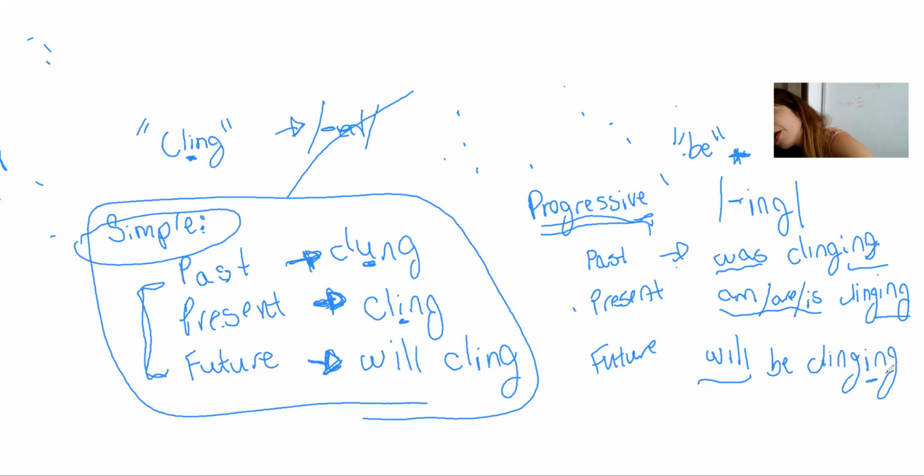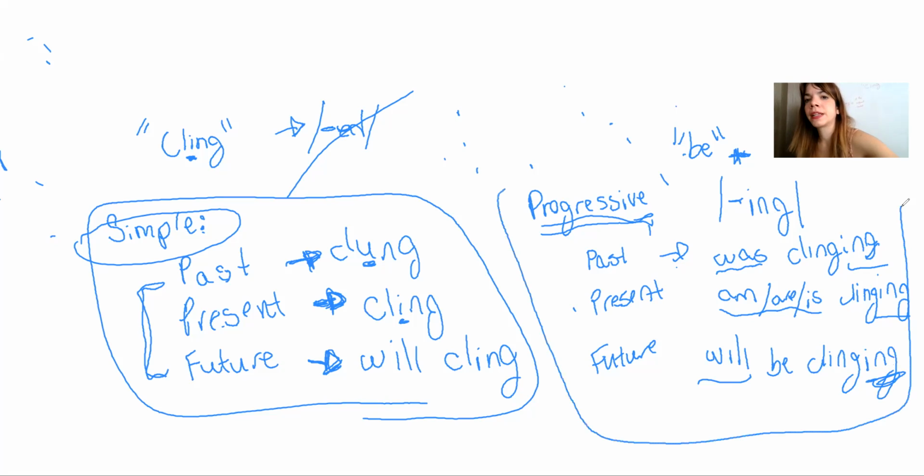So irregular verbs in the progressive tense still take ing. The change happens with your auxiliary verb. Okay, and that is the progressive tense for cling.